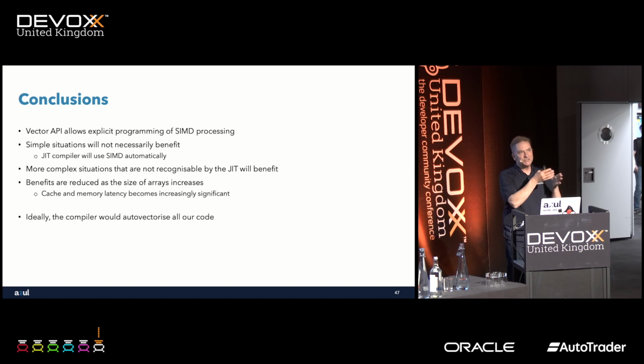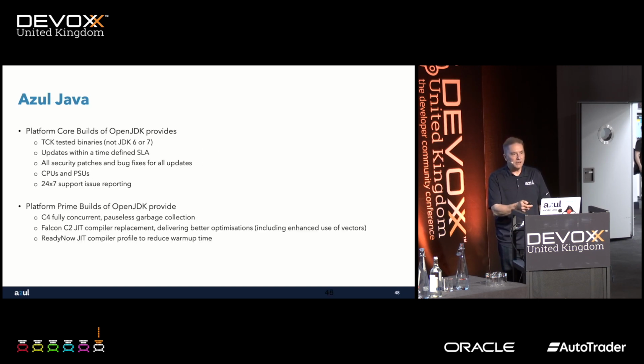Again, benefits decrease as the size of the array increases, because the time it takes to get access to the data starts to overwhelm the benefit you get from doing things truly in parallel. Ideally, we'd like the compiler to do all of this auto-vectorization for us, but unfortunately, we're not quite at that point yet.